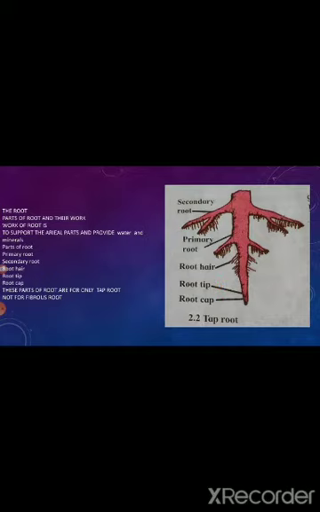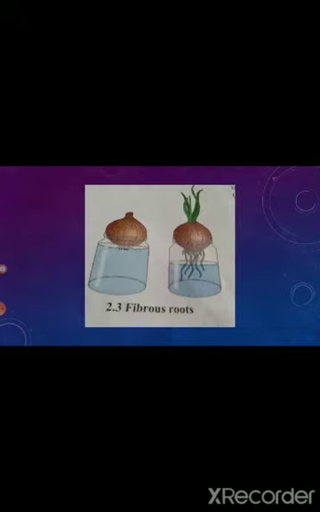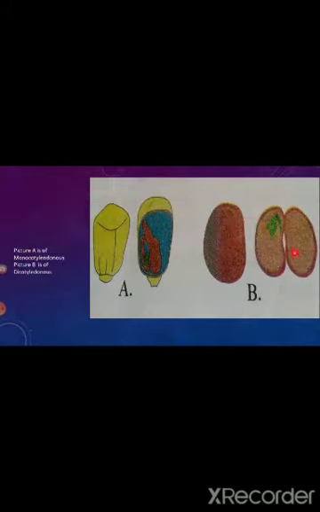So let's see the fibrous root. Here is a thread-like structure. This is fibrous root. Friends, fibrous root does not have parts. There are two types of seed, that is monocotyledonous and dicotyledonous.